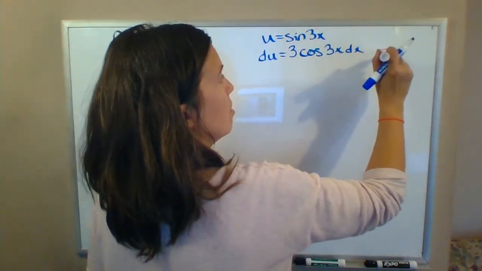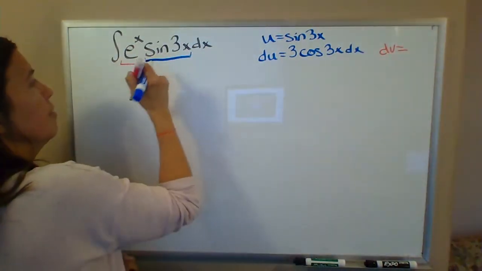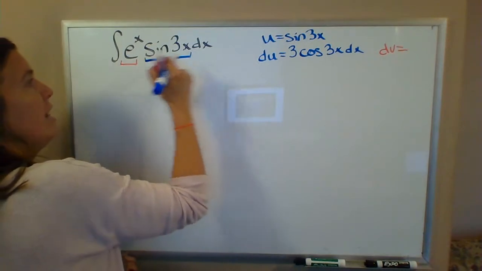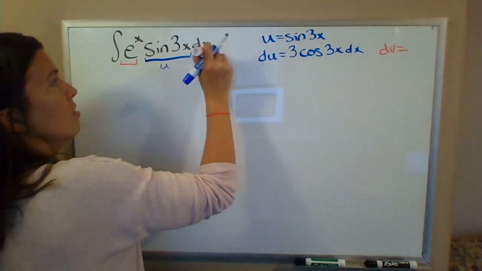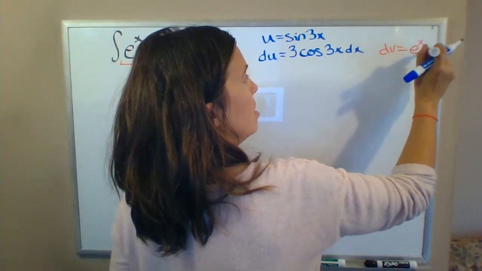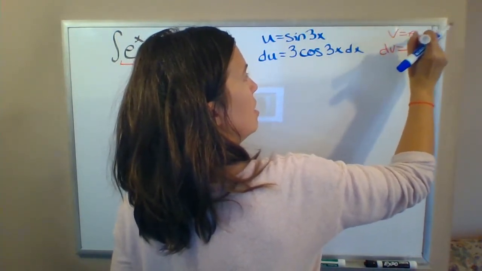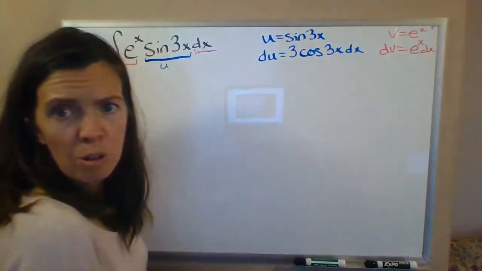That leaves, for dv, we have, so this is u, e to the x dx. So dv is e to the x dx. Antiderivative of e to the x is e to the x. So that part's straightforward enough.